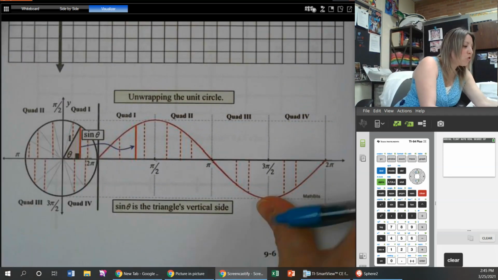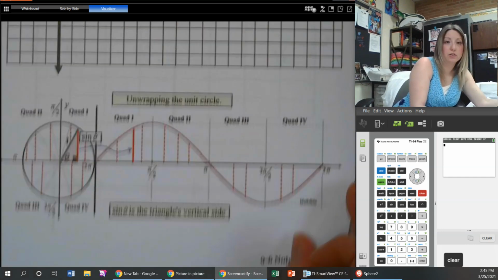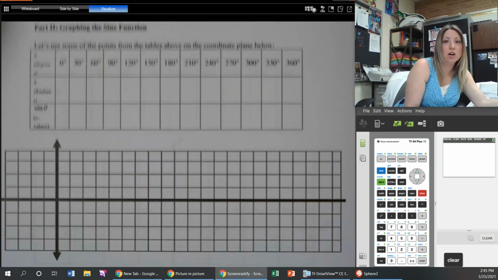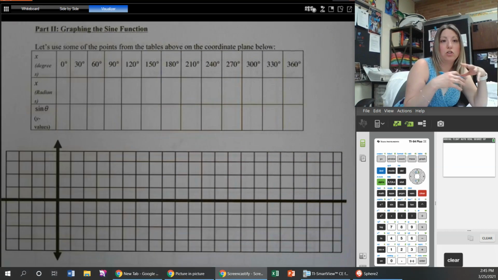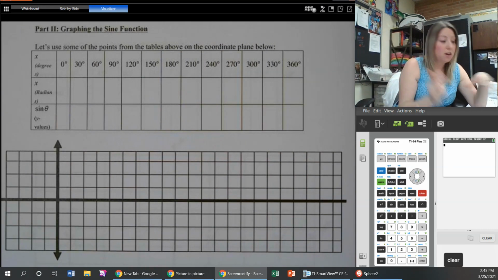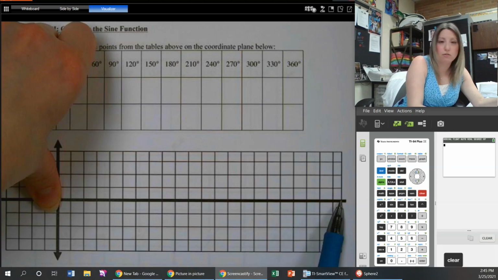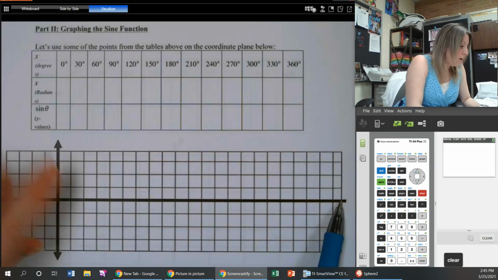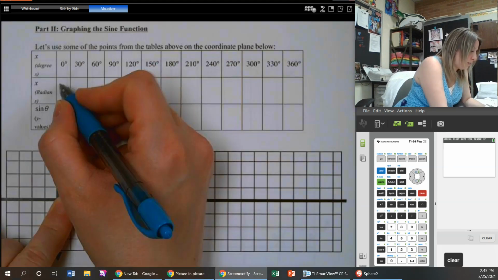So that's how we're going to work this. I want you to notice that what I'm using is my 30-degree reference angles and my 60-degree reference angles. I'm skipping my 45s here, just because of how I could fit across.